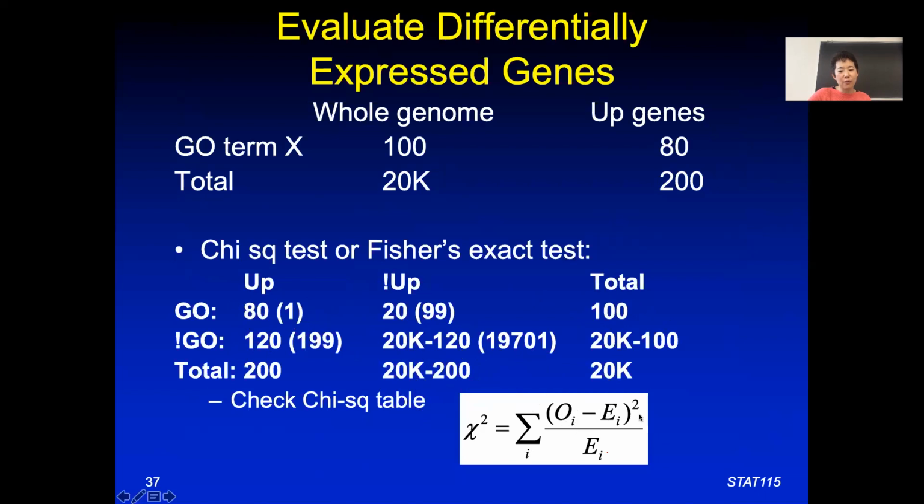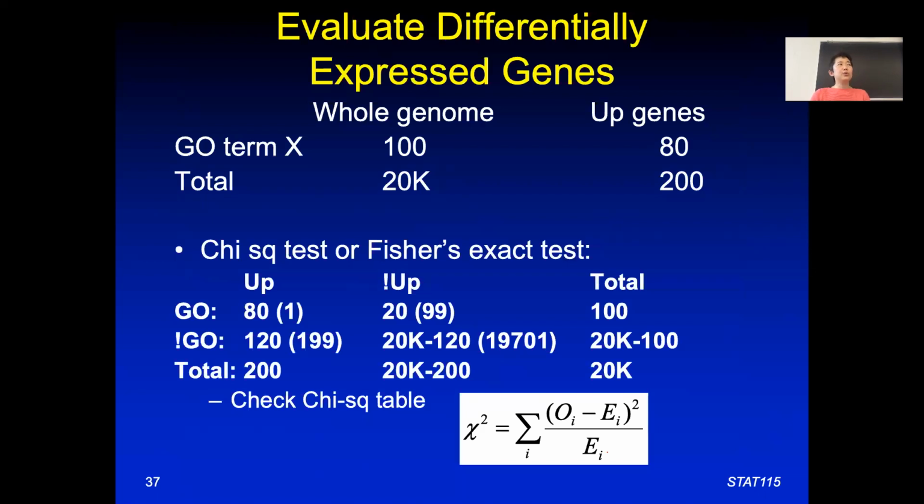You calculate these 4 scenarios: observed minus expected, divided by the expected, you add them up, you check your chi-square table. This will be a ridiculously significant p-value, a tiny, tiny p-value in this case, right? And then you say, whatever the experimental condition is, the genes that are upregulated are highly enriched in this particular pathway or biological process.